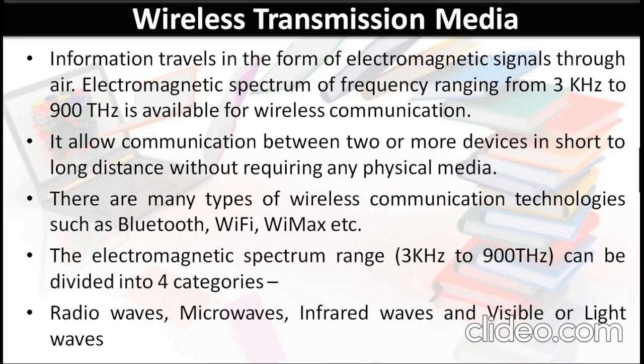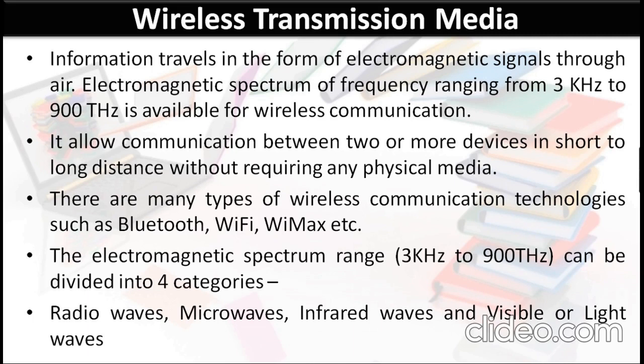So coming to the wireless transmission media, the range of the wireless transmission media is 3 kilohertz to 900 terahertz. This is actually the entire frequency spectrum of the wireless transmission media. As you can see in the first paragraph, we have said that the information travels in the form of electromagnetic signals through air.